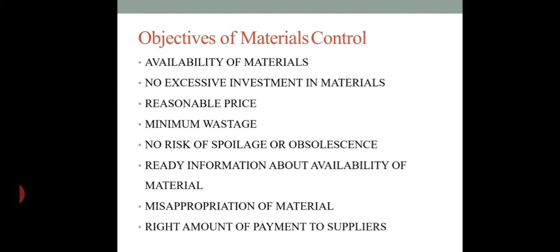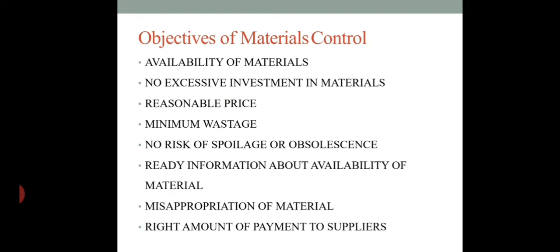Due to material control, excessive investment in the materials should be avoided. That is, overstocking must be avoided. Investment must not tie up funds that could be better used in other activities or for other purposes.